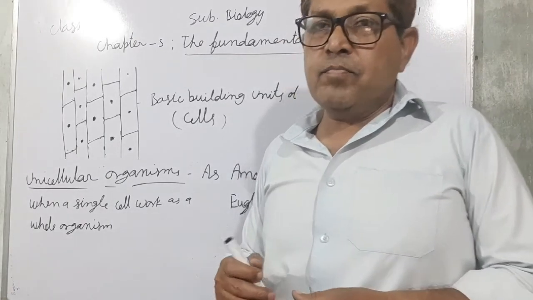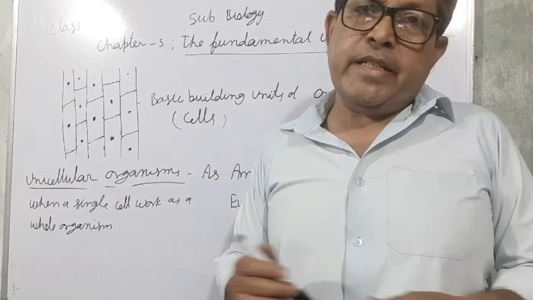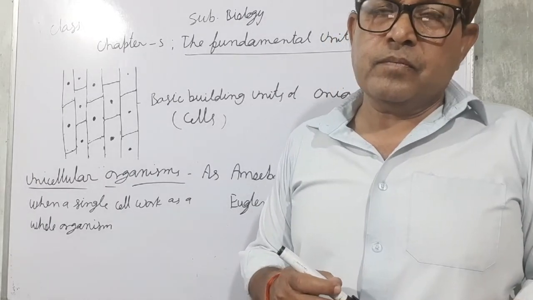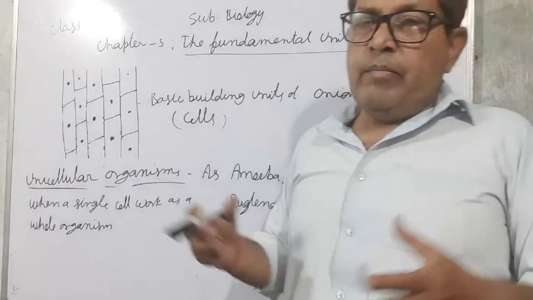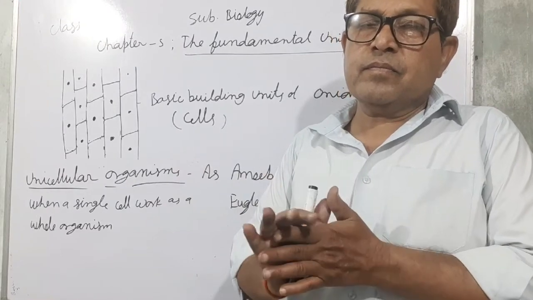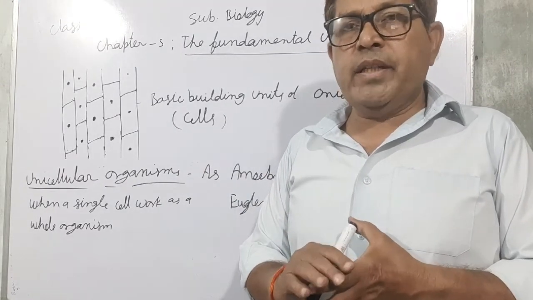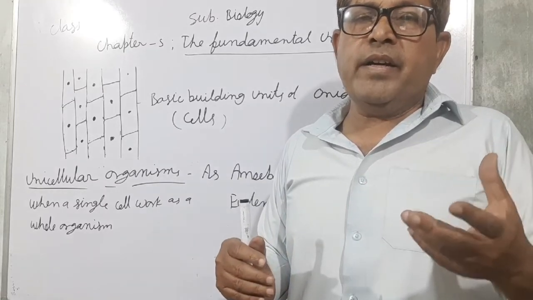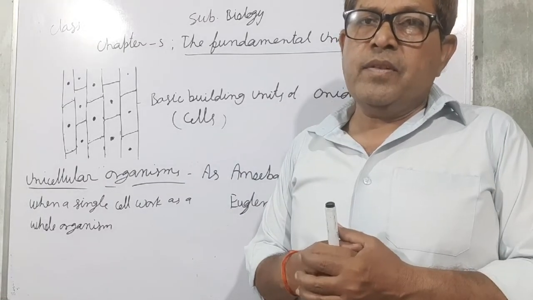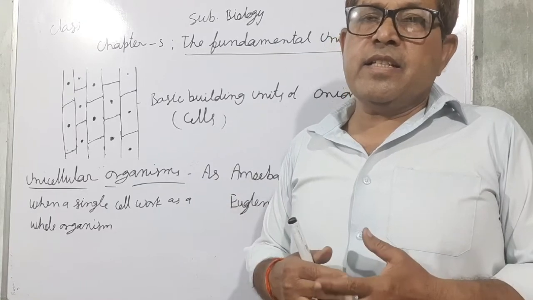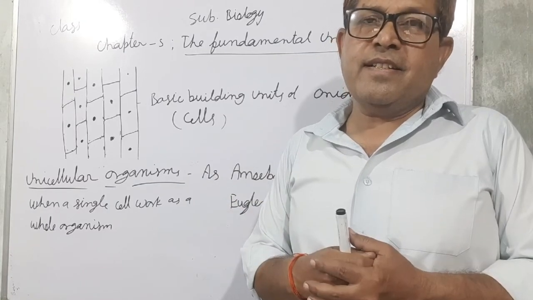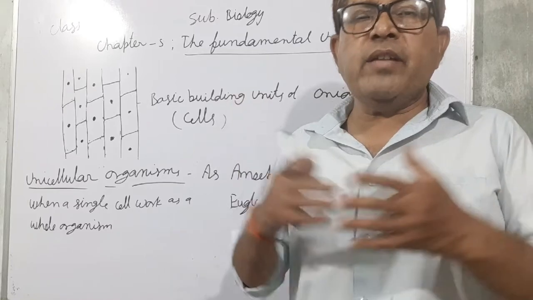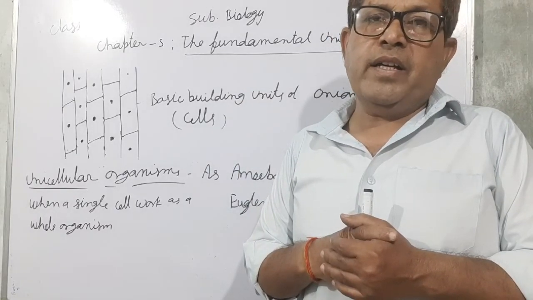On the other hand, in many cases, many cells combine together or work together for an individual. Here, a single cell works as an individual in the case of a unicellular organism. But in the case of a multicellular organism, many cells work together for an individual.